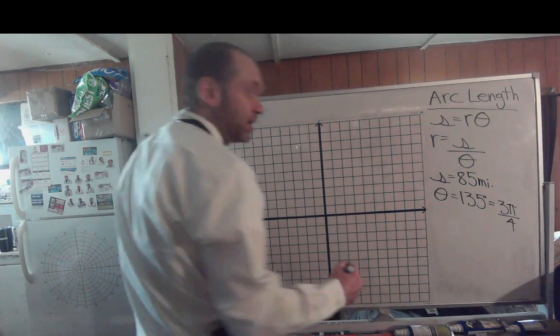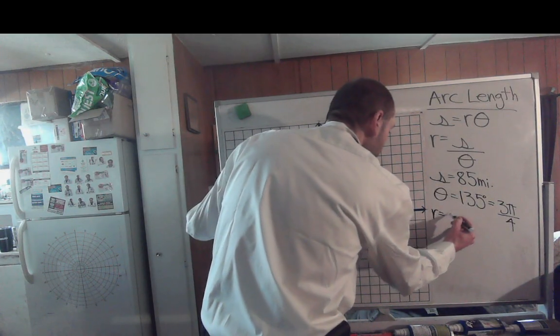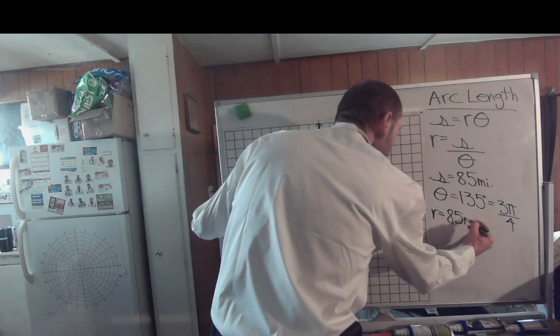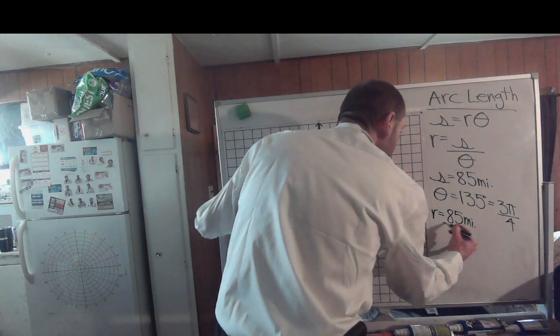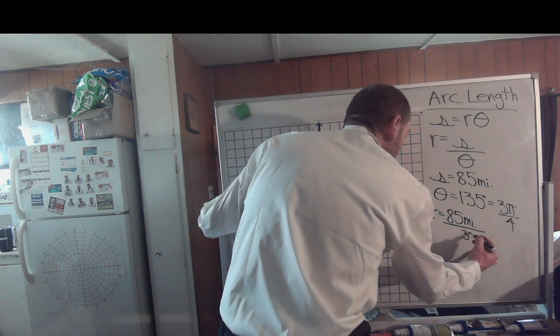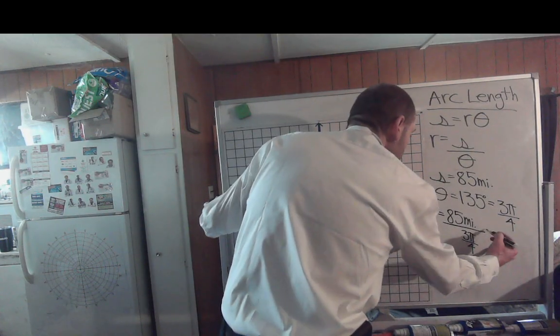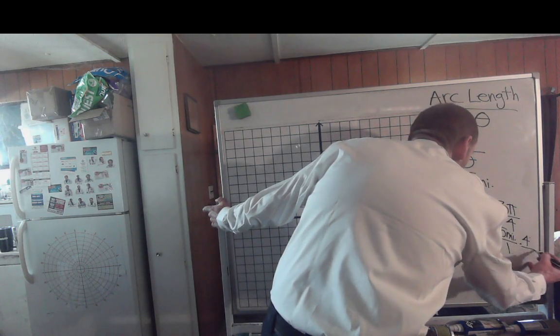We need to find the radius. So the radius would equal that 85 miles divided by that 3 pi over 4 radians, which is going to give you 85 miles all over 1 times 4 over 3 pi.